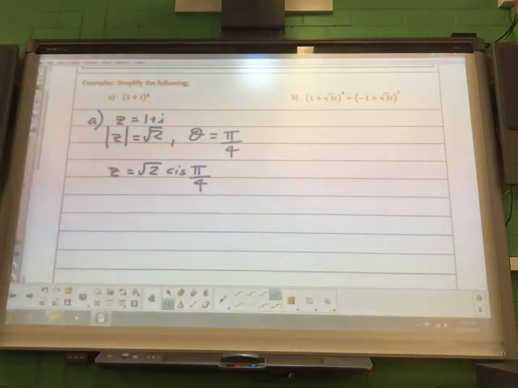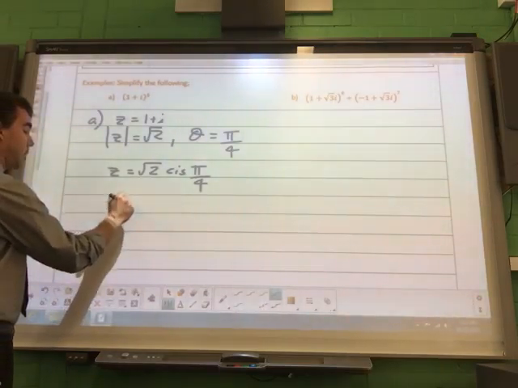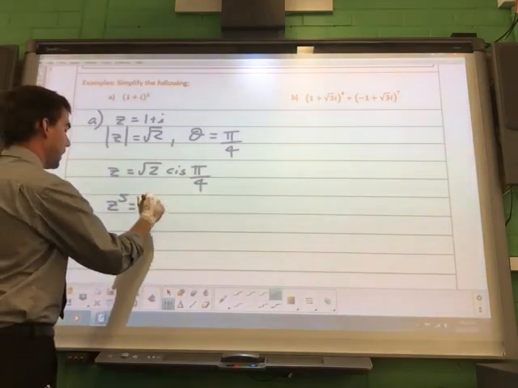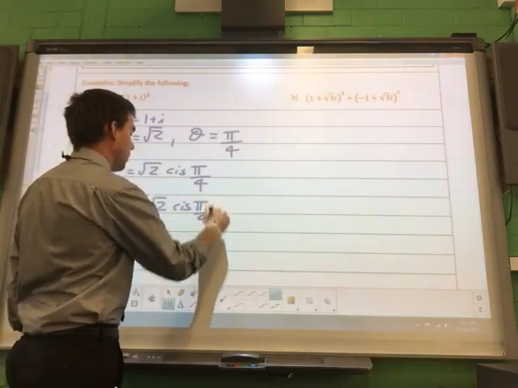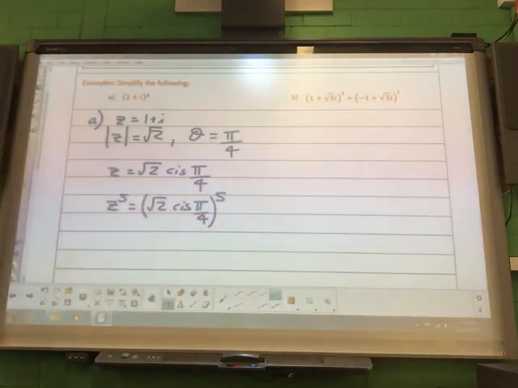Represent that in our polar form. So z to the power of 5 is going to be root 2 cis of pi on 4, to the power of 5.